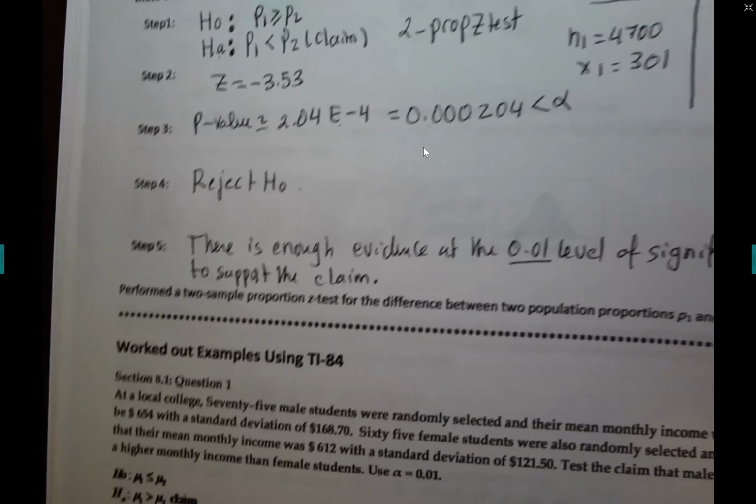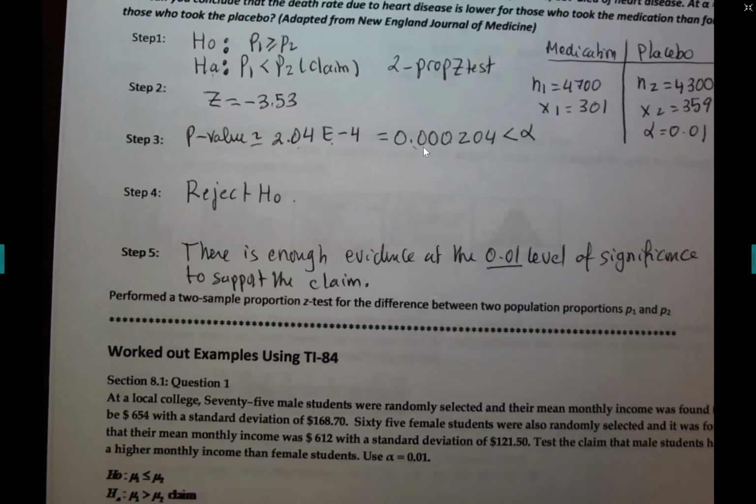What I'm going to do now is go back to section 8.3 and show you how 8.3 works. Remember, 8.3 is very different. It is about dependent samples. So we're going to go to it right now.